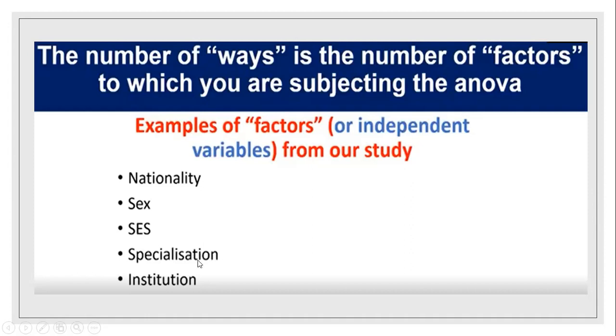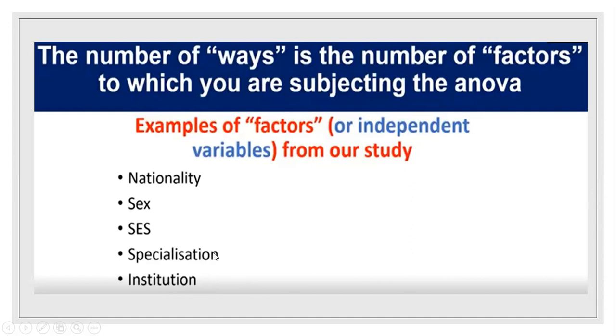So we also have four levels here. So nationality, we have four. Sex, we have two. SES, socioeconomic status, we have three. Specialization, we have four. Institution, we have two. We can say Lagos State University and also University of Lagos. So for institution here, you have two levels.